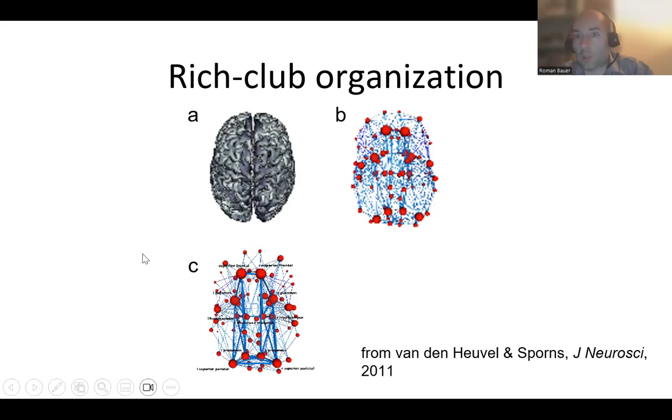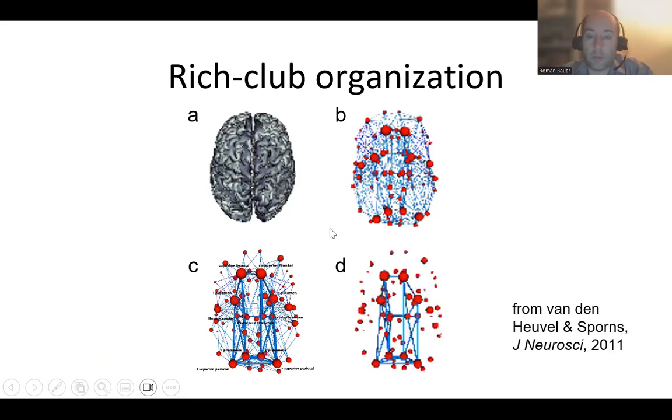So that's why it's called the Rich Club organization, because sometimes wealthy people like to connect preferentially with other wealthy people. And here you see that also in the brain, those nodes that have a lot of connections like to connect to other nodes with a lot of connections, much more so than based on chance.